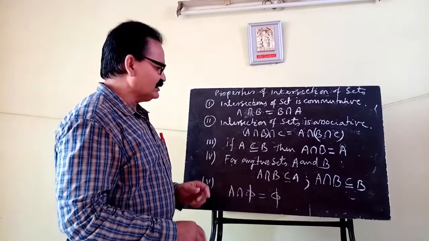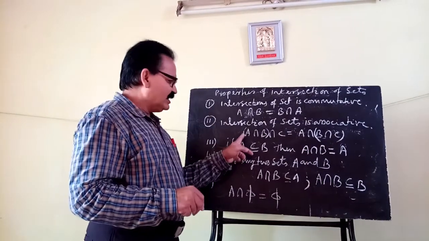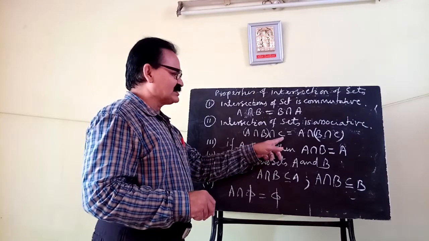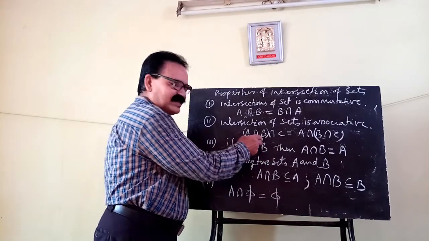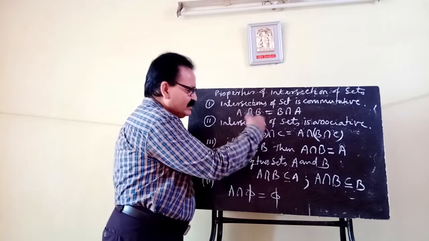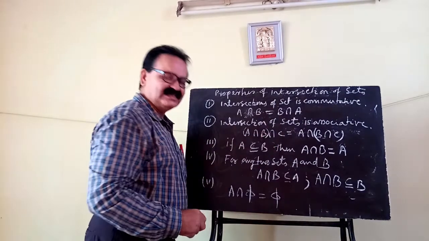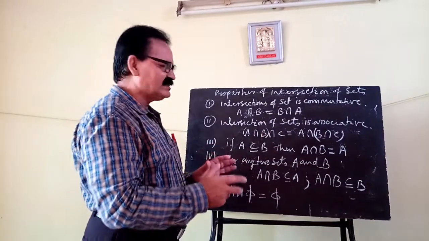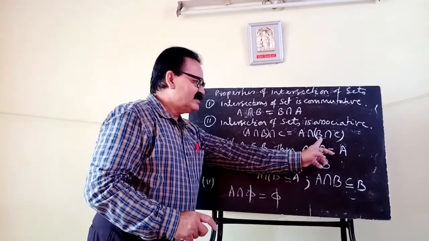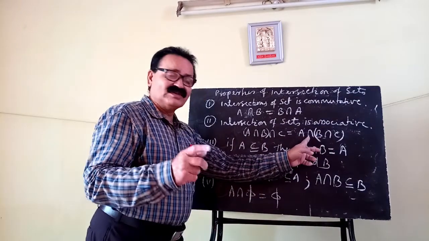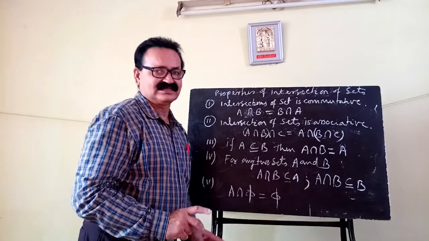In this case there are 3 sets, A, B and C. The result of A intersection B, when intersected with C, will give the same value as A intersected with the result of B intersection C.